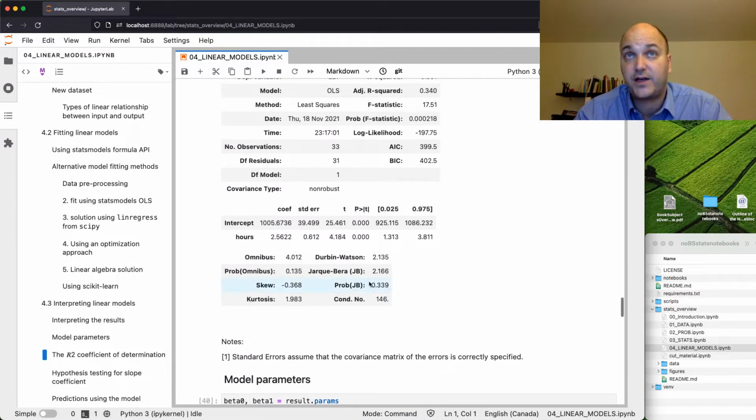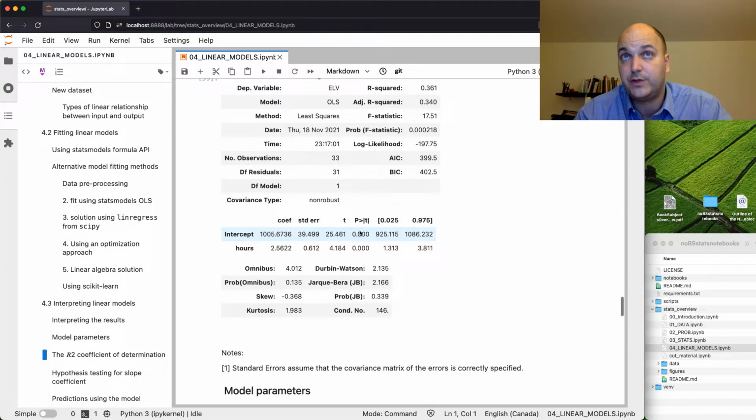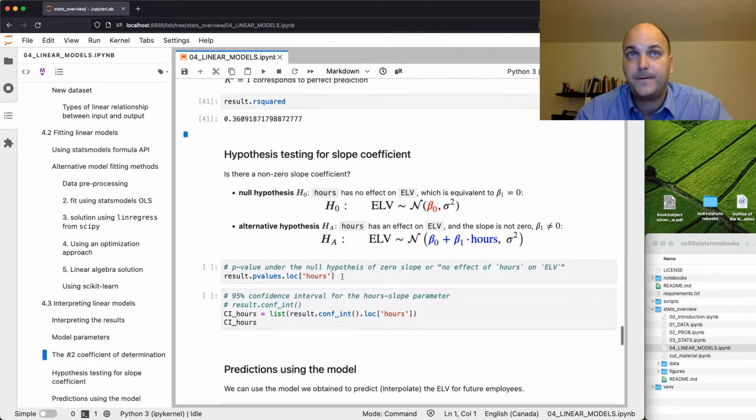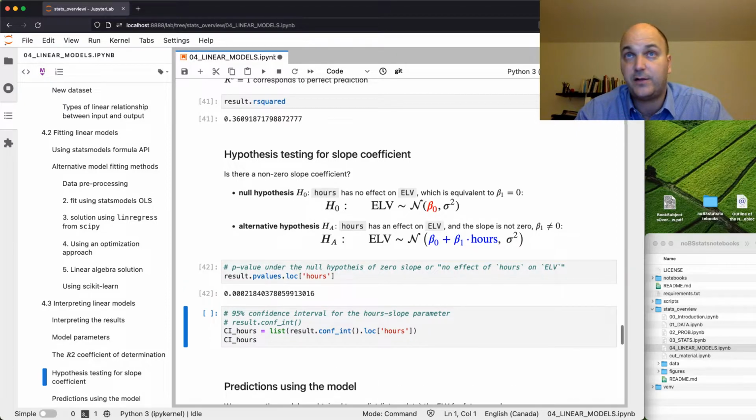And in fact, when you fit the model, it already did this test for us. The p-value is crazy small. So remember that the cutoff for there is a difference is 0.05. So there is a slope. The slope is not 0. We are very, very sure that it's not 0.